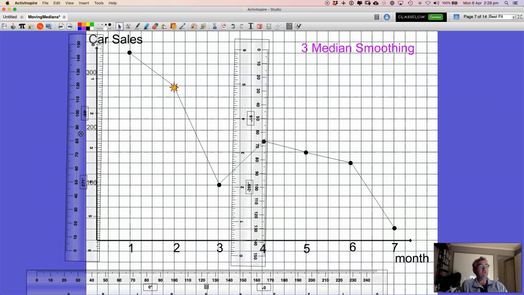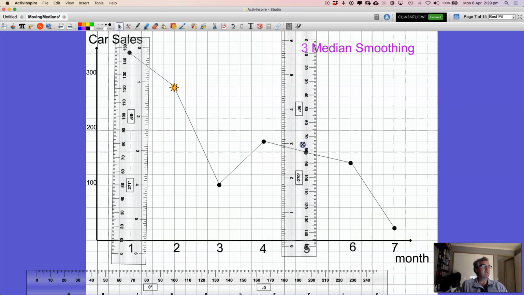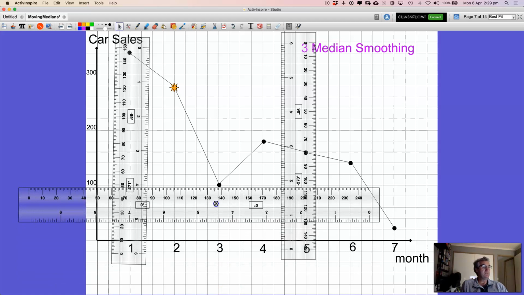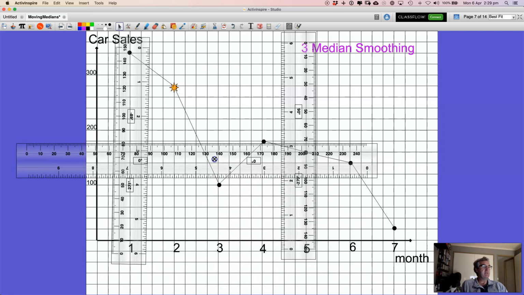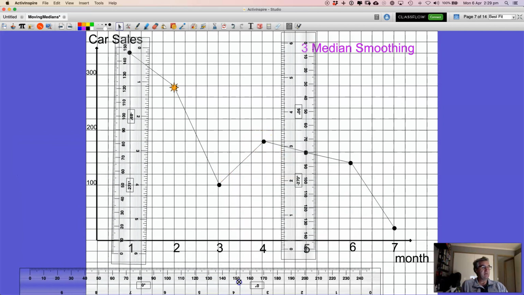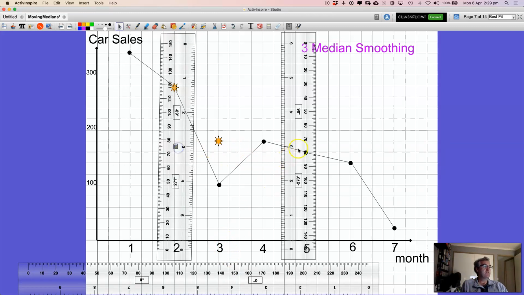Then what I do, I move my rulers across to find the next set of 3 points. And again, I'll work my way up. Where is the third, the middle, or the center dot? That is effectively that dot there. That is the center. So my next median will be here. Then I just move my rulers across to the next point.